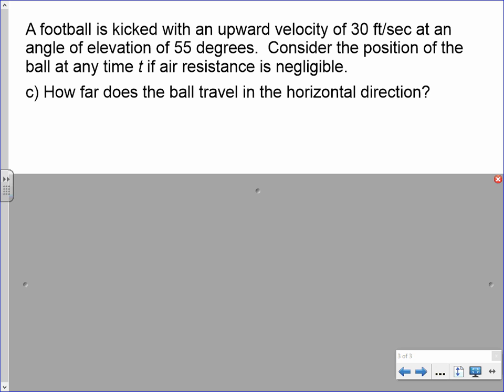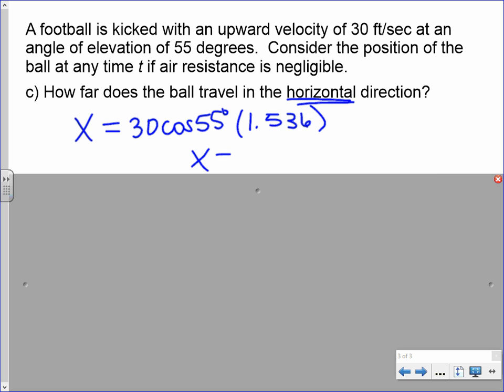All right, so what we can do, since we're talking about the horizontal direction, we can take the x equation and we can plug in 1.536 seconds to get 26.43 feet.